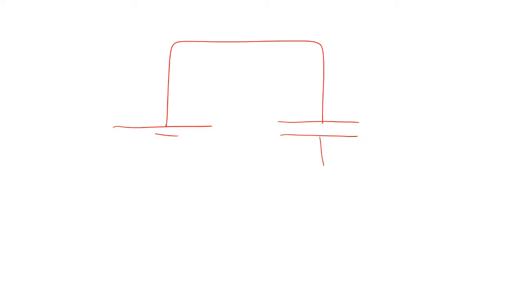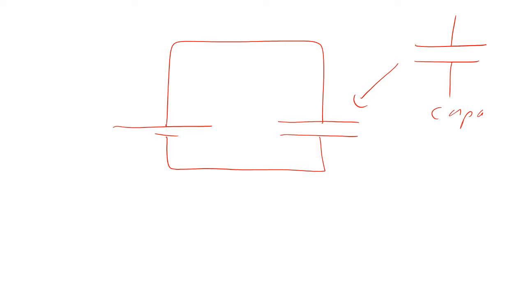Because if you were to take a power supply here and connect it to a capacitor, the symbol for a capacitor in a circuit is these parallel plates right there. So that's a capacitor. Obviously that symbol in an electrical circuit suggests that what we have here is parallel plates.